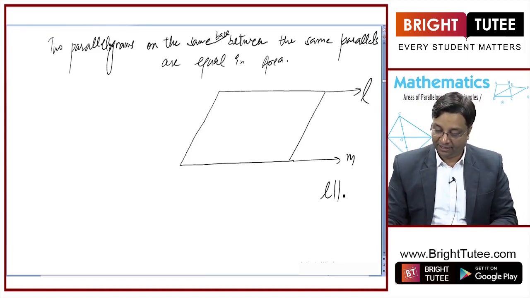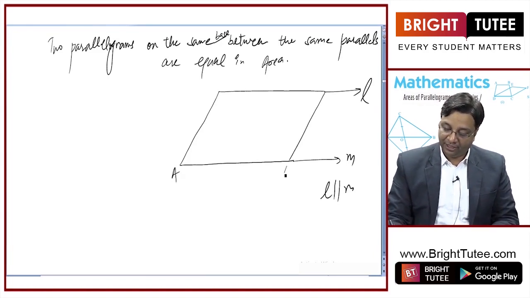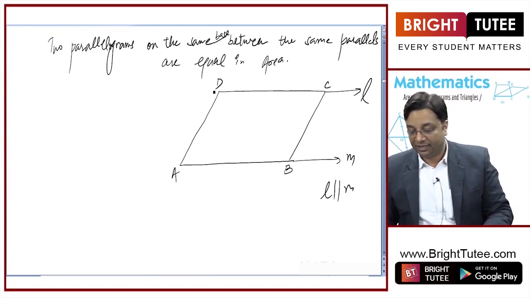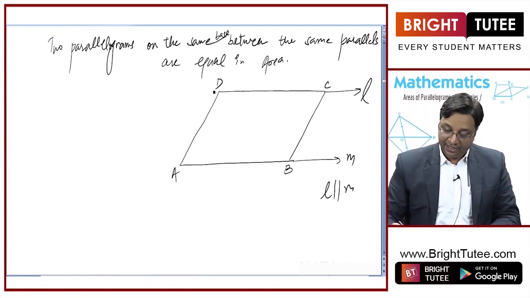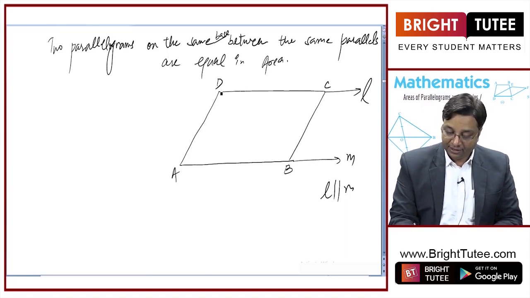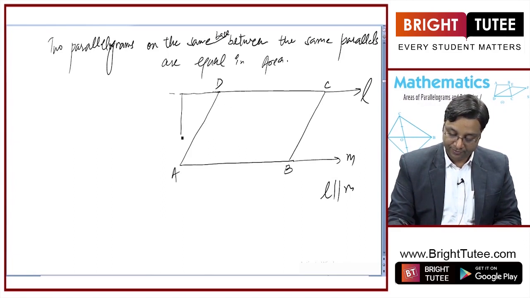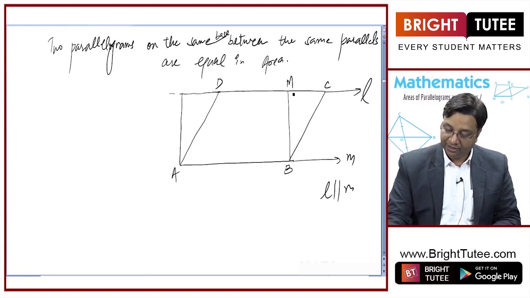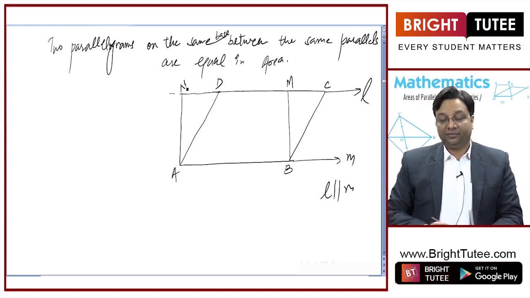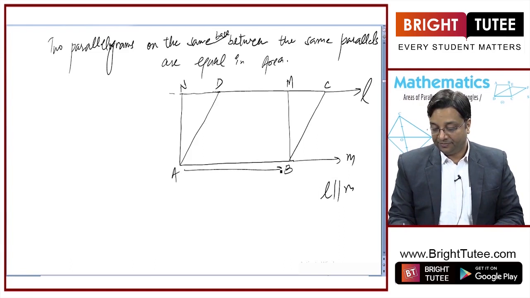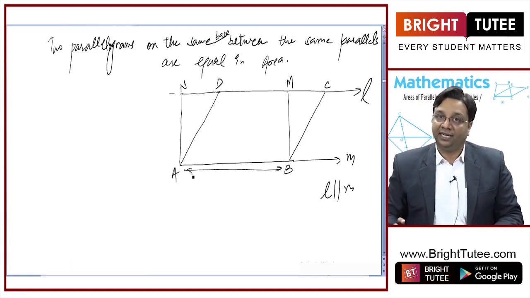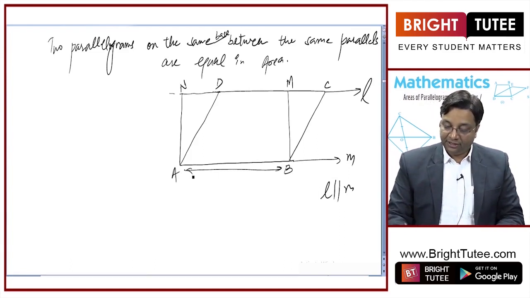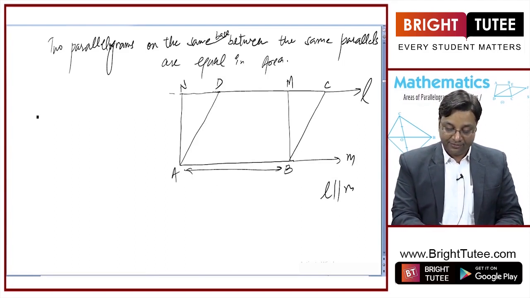Okay, so L is parallel to M and there is this parallelogram ABCD on base AB and between parallel lines L and M, and let us say there is another parallelogram ABMN which is also on base AB and between the parallel lines L and M. Now, these two parallelograms are equal in area.